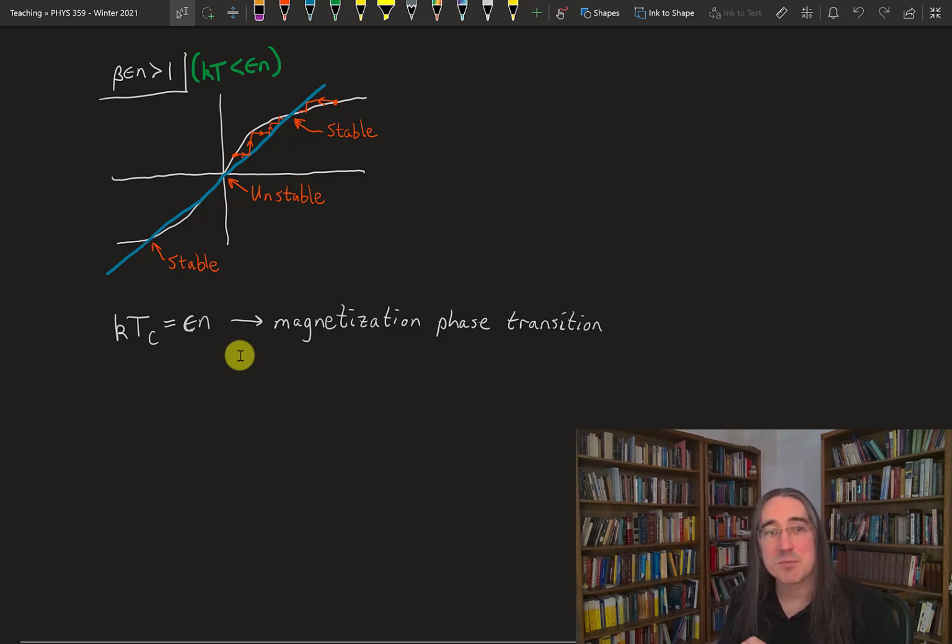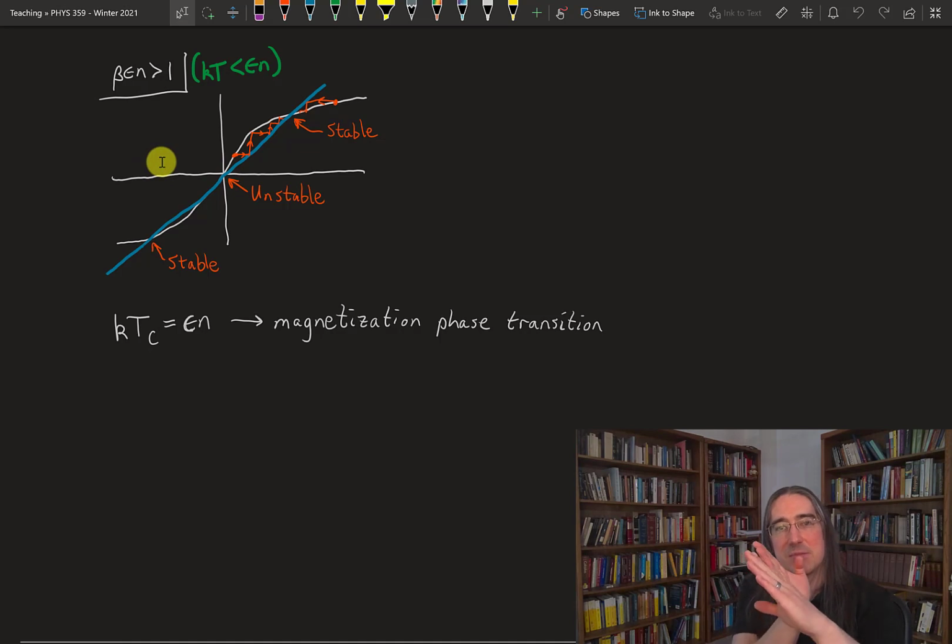Okay. Last point I want to make, at this critical temperature, I said now more than once, tanh will have a slope of 1 at 0. 0 is still the only equilibrium point, and it is technically stable, but it's very weakly stable, right?